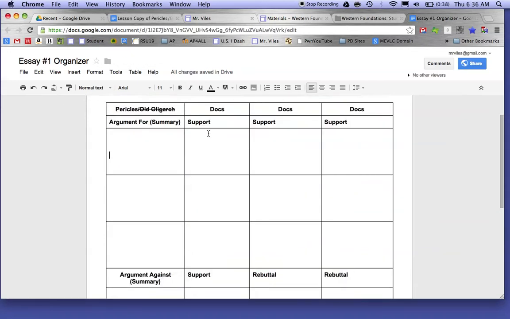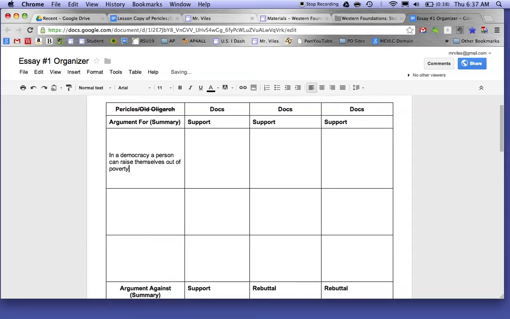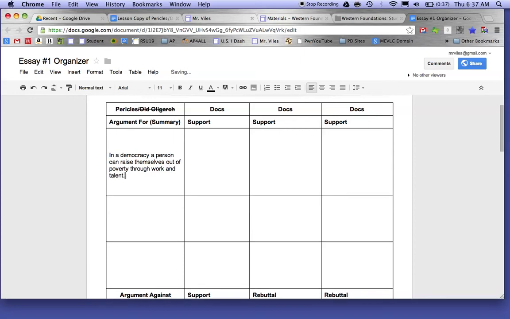So I'm going to say here, argument 4: in a democracy, a person can raise themselves out of poverty through work and talent. I think that pretty fairly summarizes what Pericles says in Docs 2 and 4.